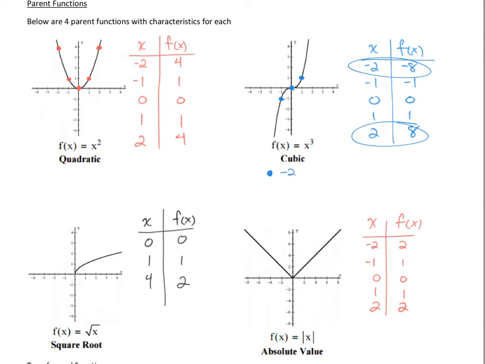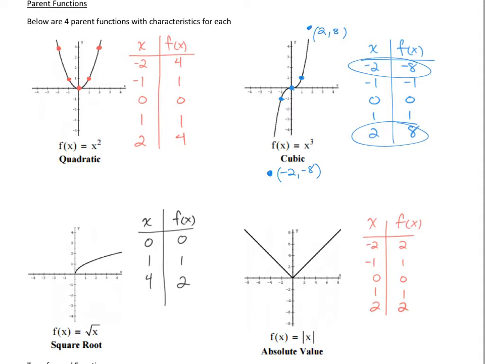That is negative 2, negative 8. And then way up here, something like this, that will be 2, 8. So it is important to know these points as well, even though I don't have the room to put them on this graph. And again, those points will be important to know when we begin to graph.